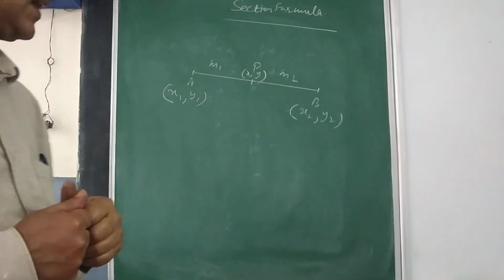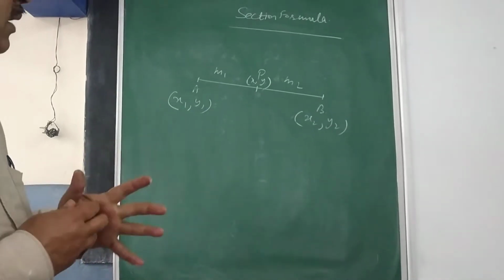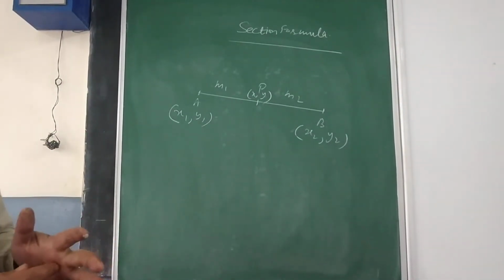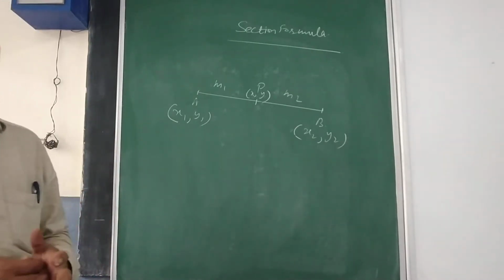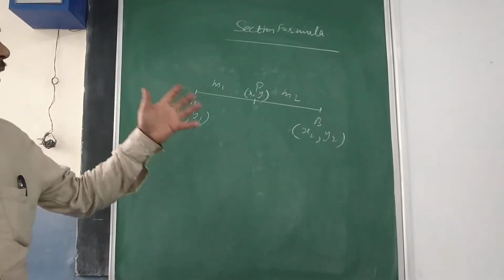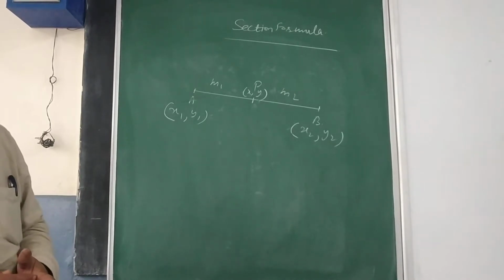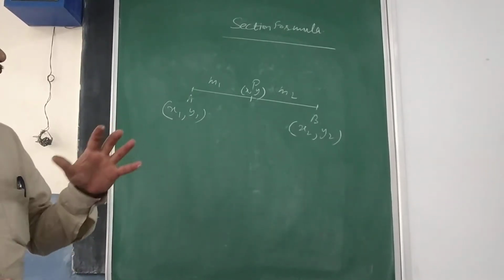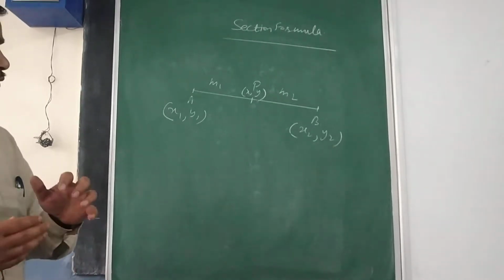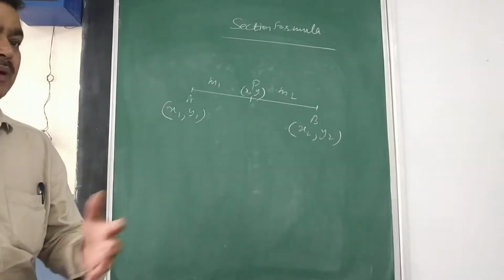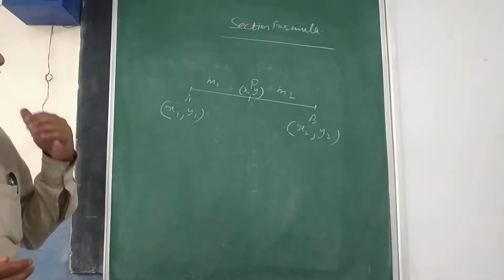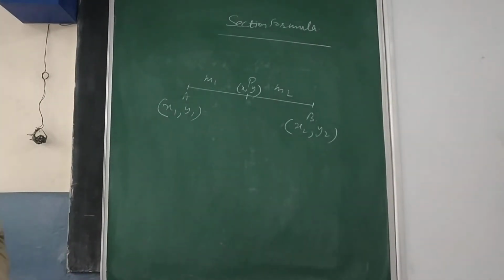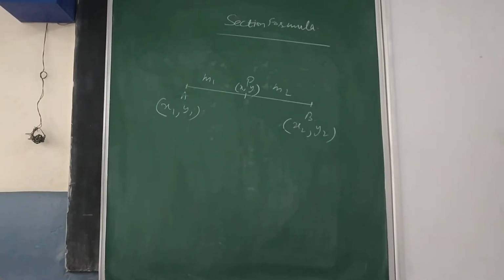Out of these 8 variables, if 7 or 6 are given to me, I can determine the others. Out of 8, if 1 is given, I can determine the other 7. Out of 8, if 6 are given, I can determine the other 2. And to get those unknown variables, the formula I am using is called the section formula.